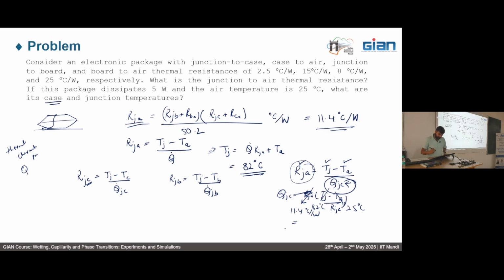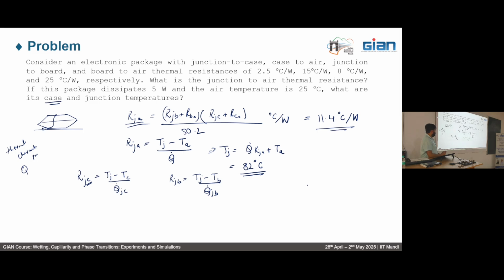5 should not come. So let me also draw the circuit again, because there is some mistake we have made here. Which equation? Okay, in QC you did Tj minus Tb, Ta.